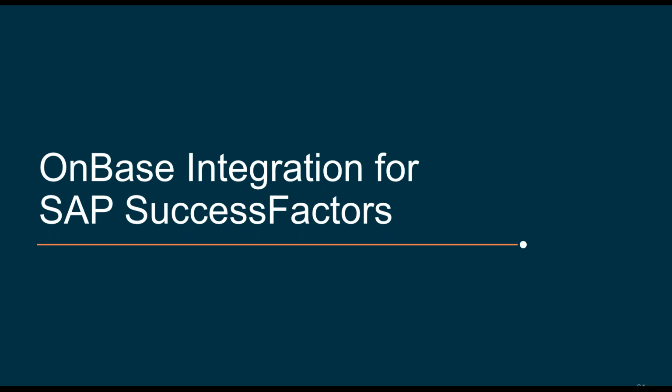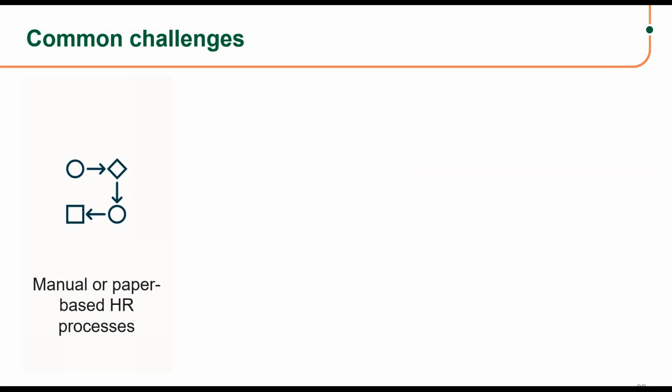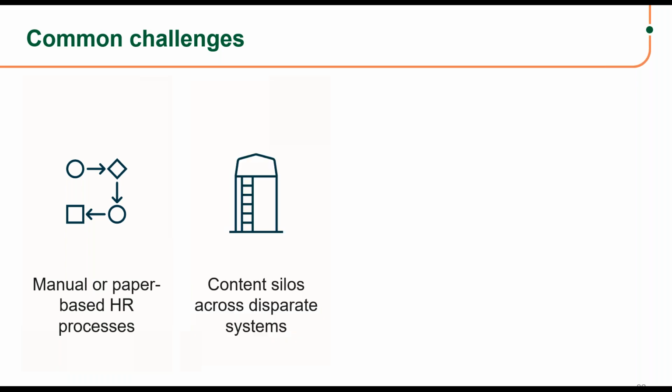But even with that focus, we know there are still roadblocks that could be standing in the way from an HR standpoint. For instance, if portions of an organization's HR processes are still manual or still paper-based, that can cause really slow and disconnected processes. Additionally, if you're managing things across disparate systems, that can lead to content silos, which then makes it even more difficult to access and view all of the content when and where it's needed.